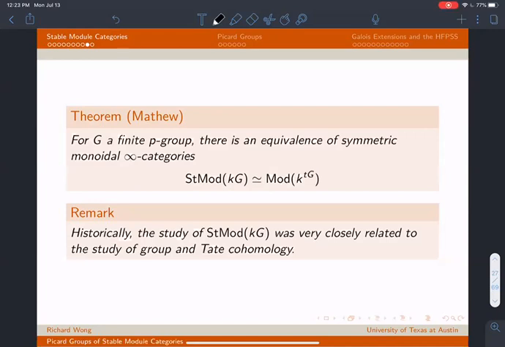Can I ask a question at this moment? Sorry, how important here is it that you consider finite p-groups? Yeah, I didn't explain why, and that's a great question. The reason that we restrict to finite p-groups is so that the modules, we want this to be, I think the term is unipotent.